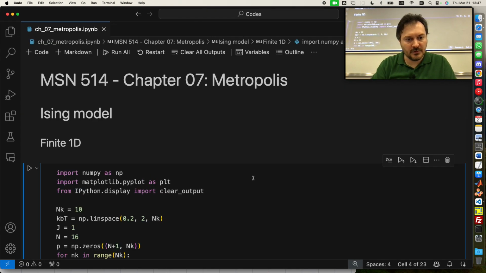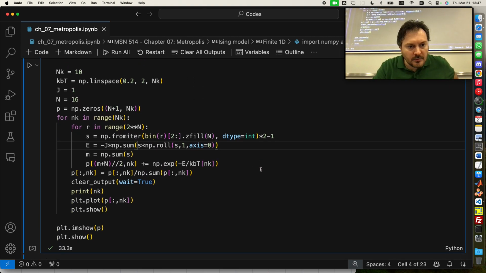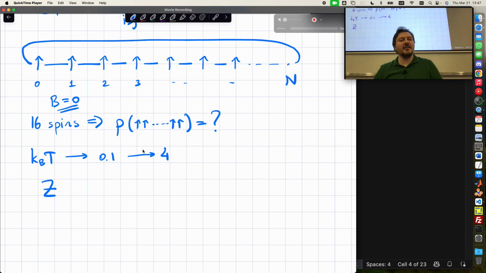Yes, I do, over here. I can actually show you the code already. So I'm going to change the temperature. Apparently, I'm changing it from 0.2 all the way to 2. In the meantime, I'm going over all the possible 2 to the n states. There can be 2 to the 16 states, right?